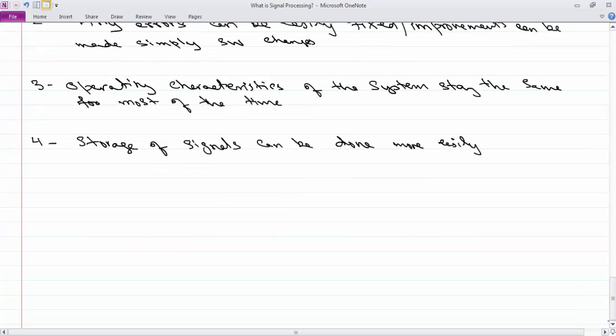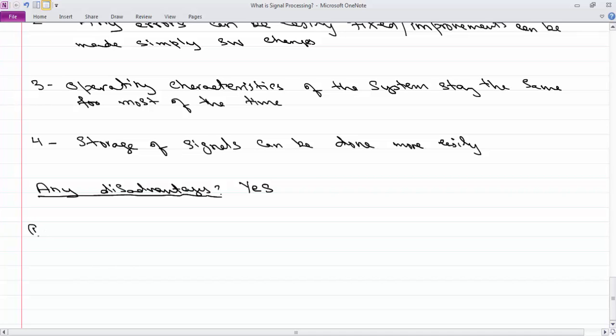Now the question is then, is DSP all good, or are there any disadvantages of DSP? And the answer is actually there are disadvantages of DSP in the strict sense in certain cases.